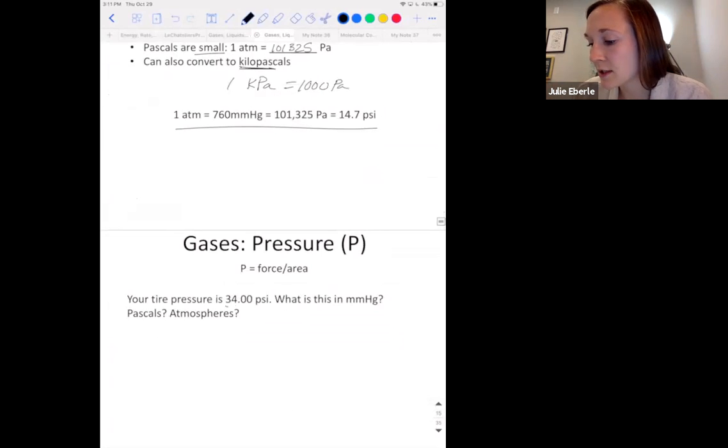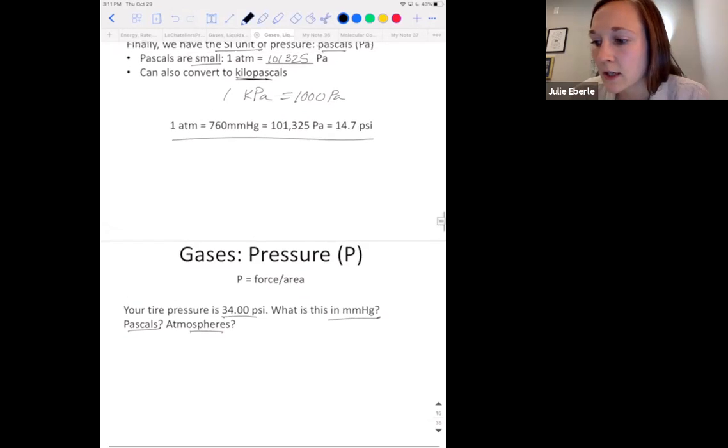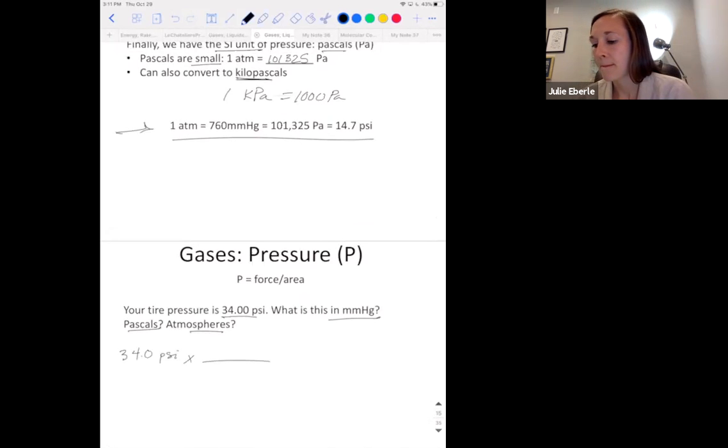Your tire pressure is 34 psi. What is the number in millimeters of mercury and pascals and in atmospheres? These are all just simple one-step conversions using these relationships on the previous slide. So start with 34 psi, and we're going to cancel out psi, and we're going to convert to millimeters of mercury.